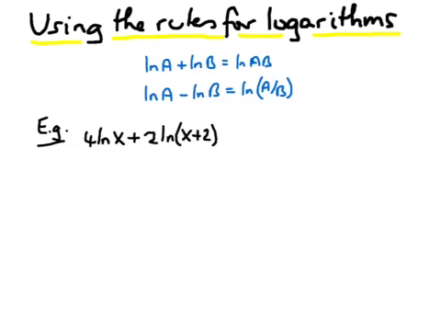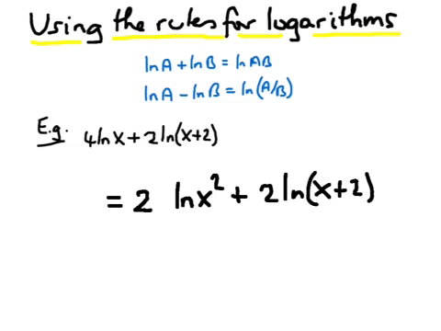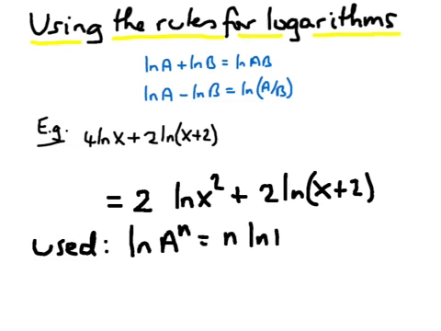So what I'm going to do is say that this is equal to 2 times the logarithm of x squared plus 2 times the logarithm of x plus 2, where I've used the third rule, that the logarithm of a to the n is n log a.